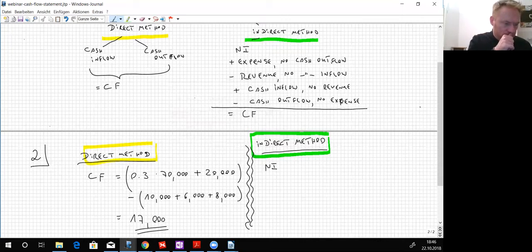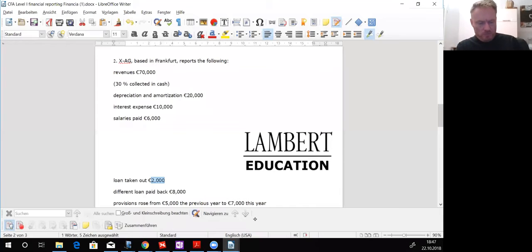Which means 70,000 euros is the one and only revenue that we have, or the sum of revenues, as we might also call them. Now the expenses: depreciation and amortization is an expense, interest expense is an expense, salaries paid are expenses.